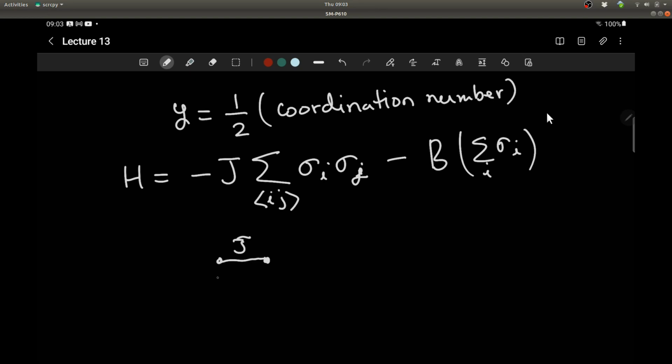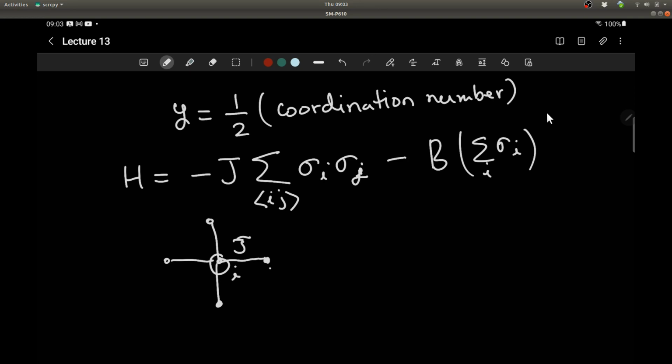But when I sum over i, we have to look at all the sites. So in a square lattice, there will be 4 bonds corresponding to the site i. But now when you look at the j summation, that will also pick this bond. So every bond is doubly counted, and this takes care of double counting.